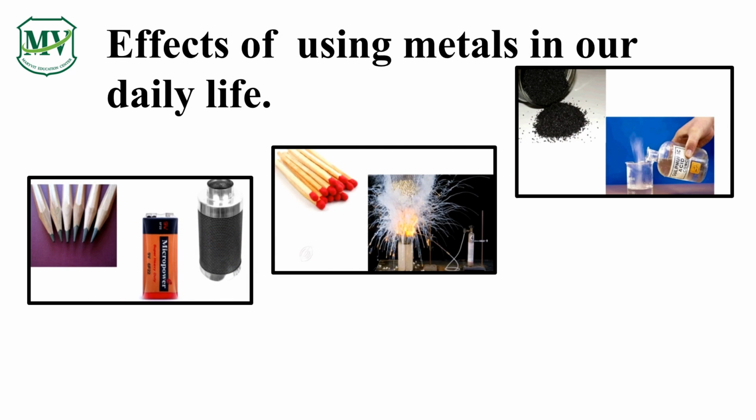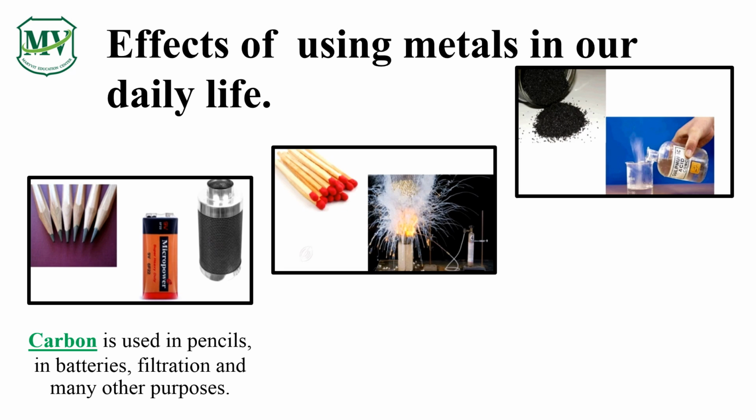Carbon is known as the king of all elements because carbon is one nonmetal which is present in all living things. Can you name some things that are made from carbon? Fabulous. Carbon, other than being present in all living things, is also used in pencils, batteries, filtration, and many other purposes.